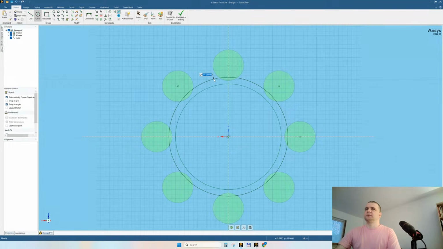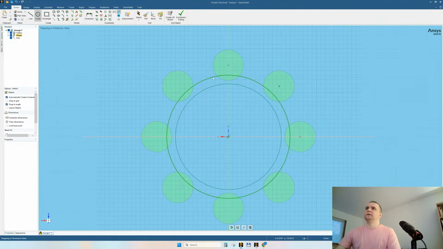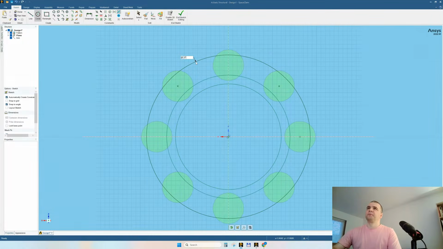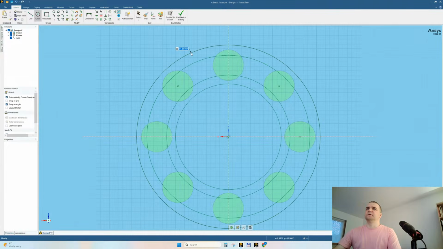Let's make it how much? 28. This will be the inner race. I'm wondering if I need to make both races in the same sketch. Yeah, why not? Let's do it. I am a partisan of not complicating things. So 37 here, and the last one we don't really care too much. 41.5. Yes.